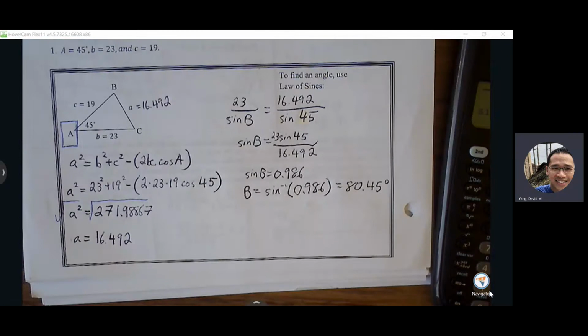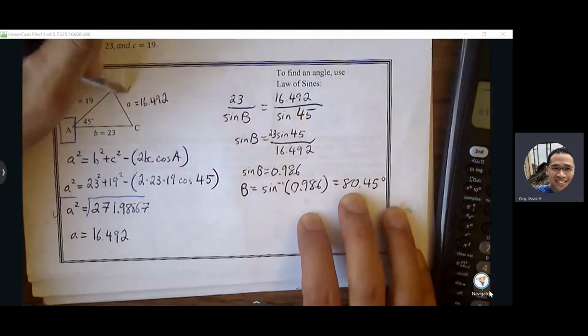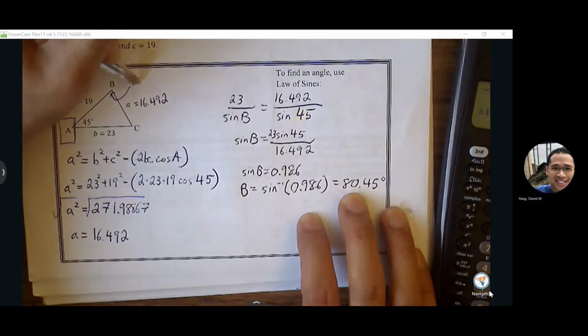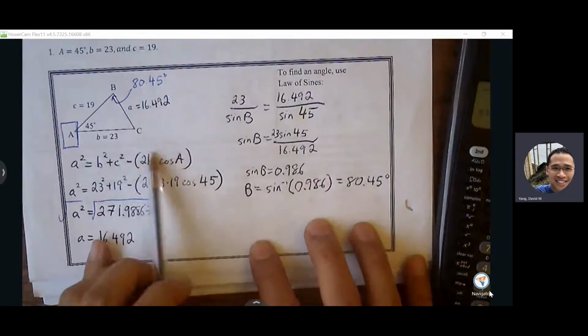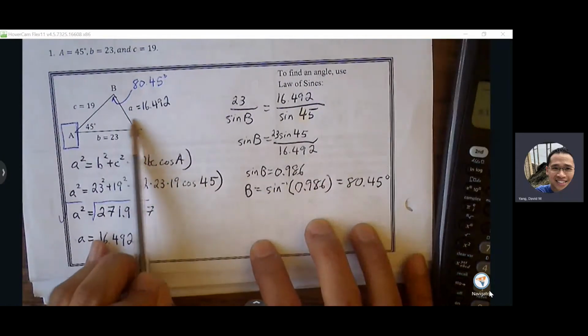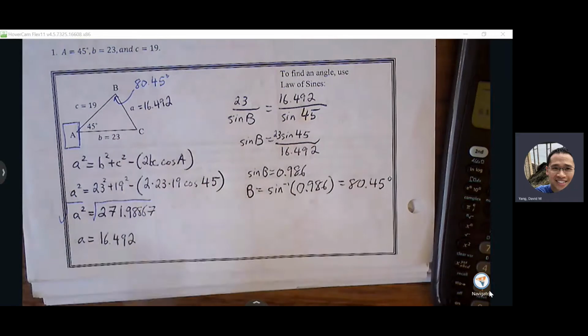Okay, any questions here? Okay, so we're almost at the end. Once I have angle B, which is 80.45 degrees, it becomes a lot easier. Because the only thing missing is angle C, and how can I find angle C? Yeah, subtract from 180, right? Once I have two angles, it's going to become easy.